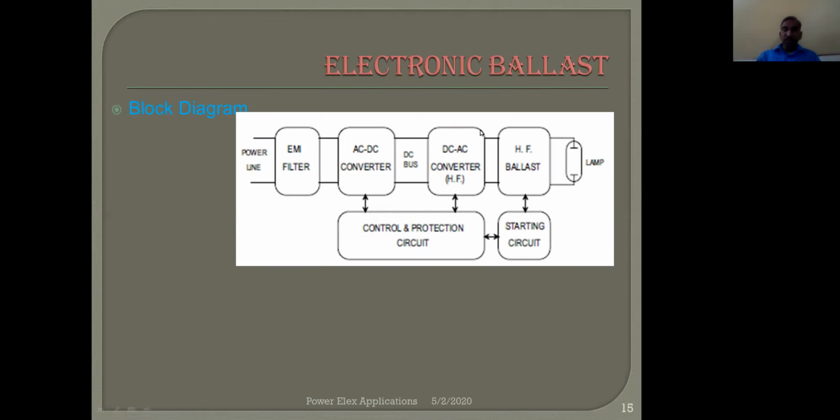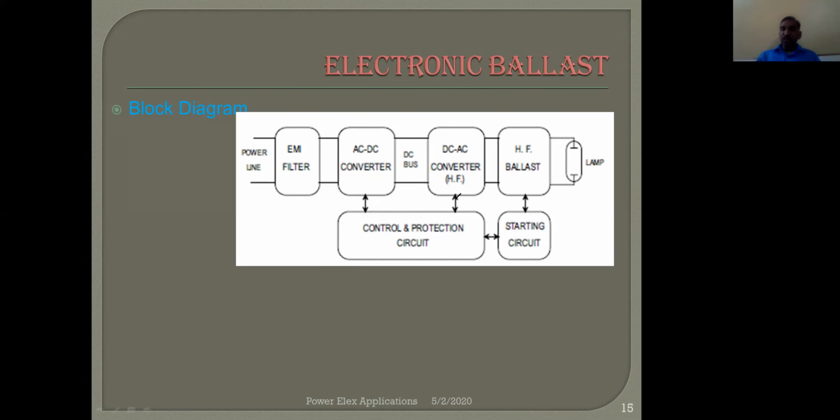we used the AC source, first reduced EMI, converted it to DC, and used this DC link to convert the same signal to a higher frequency, naturally at a lower voltage.